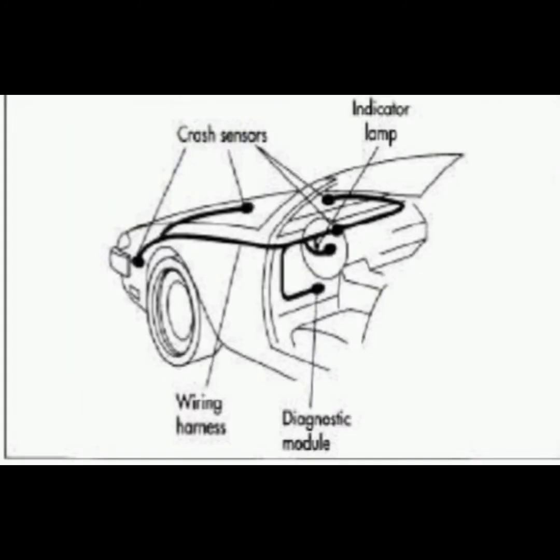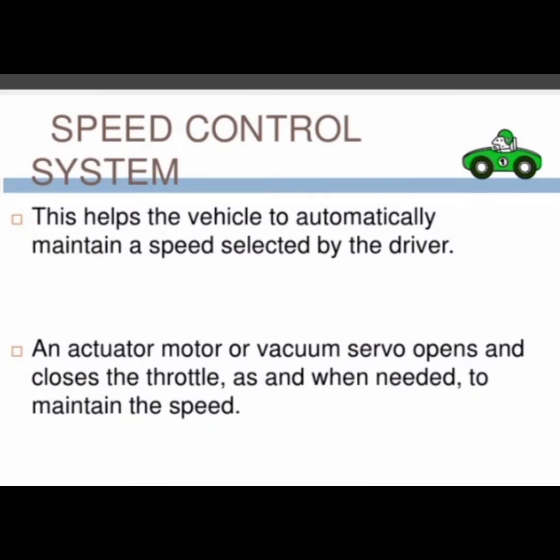There are 4 crash sensors for its working. The system is powered by the battery of the car. Sodium azide is used in the airbag. The deployment time from impact to inflation is about 50 ms.